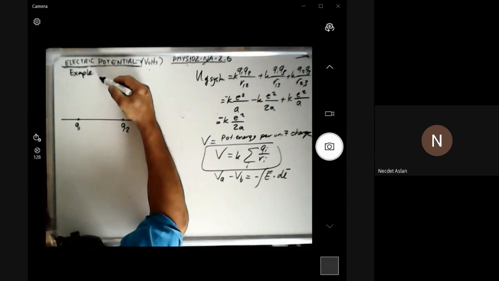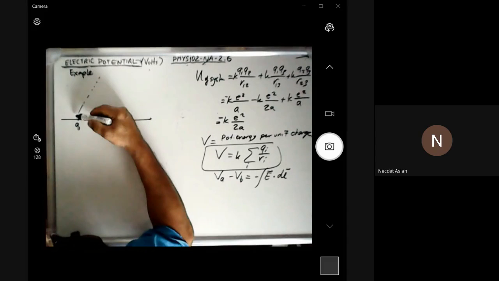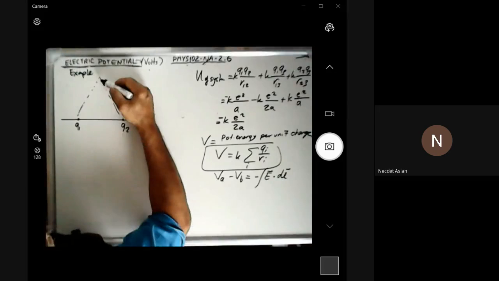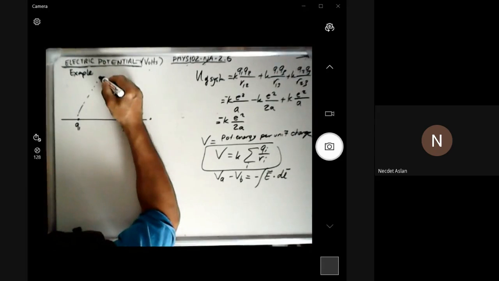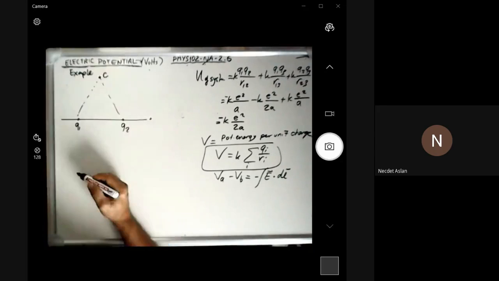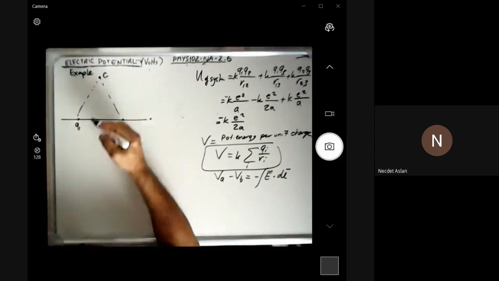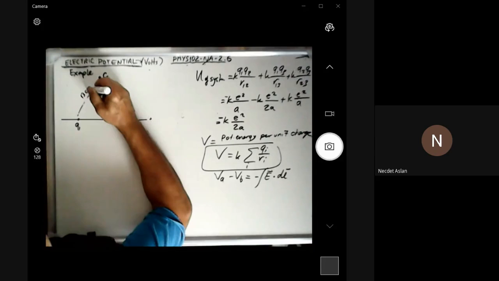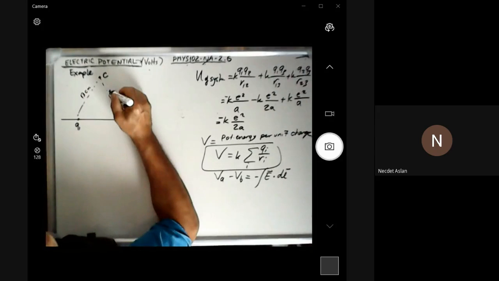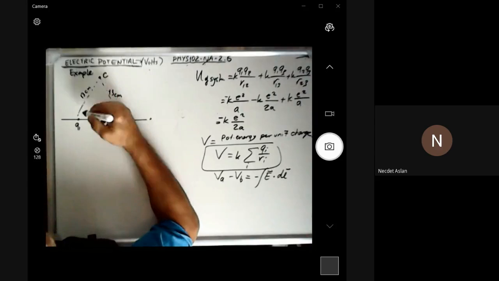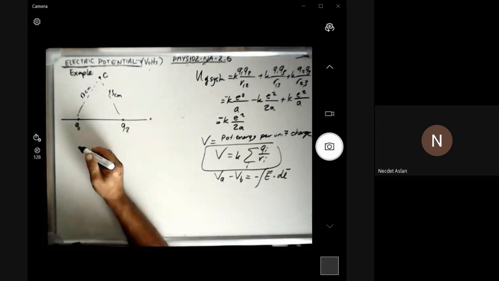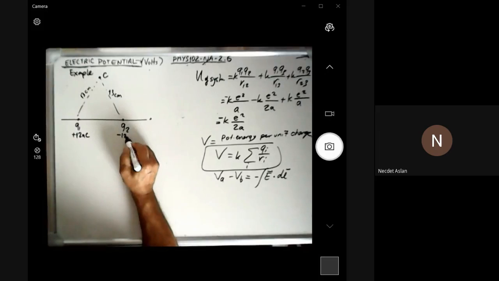And just between them, on the center line passing from them, there is a point C, and the distance is given as 13 centimeters here, and the distance again here is the same, 13 centimeters. So they have the same distance, but this Q1 is plus 12 nanocoulomb, and this is minus 12 nanocoulomb.